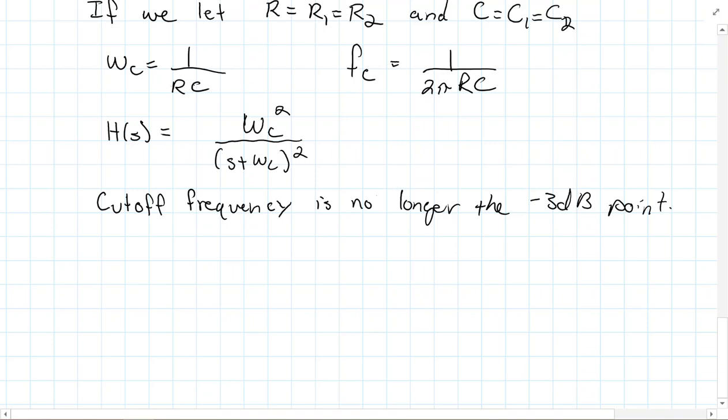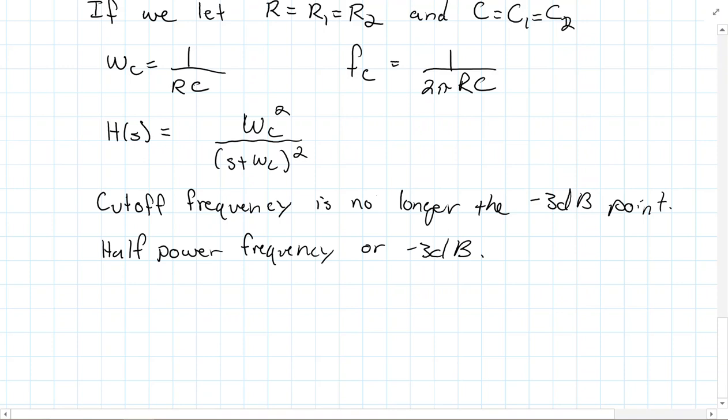And that's where this terminology can get a little confusing, because we're saying, well, wait, the cutoff frequency is defined as the minus 3 dB point. Well, when we get into these higher order filters, we're still letting omega C be what we'd call the cutoff frequency, but then we're actually really wanting to know what is my half power frequency, or the minus 3 dB.